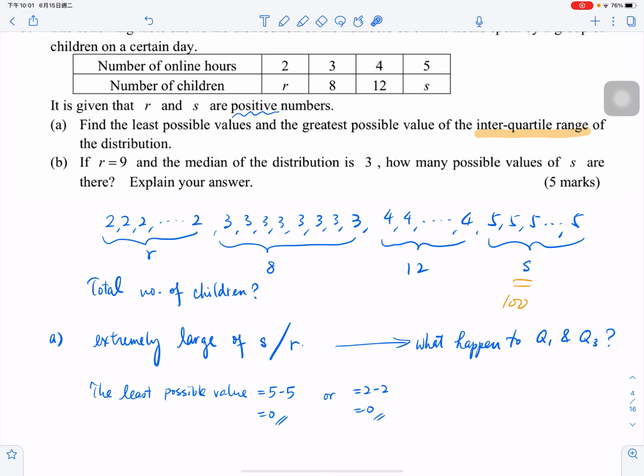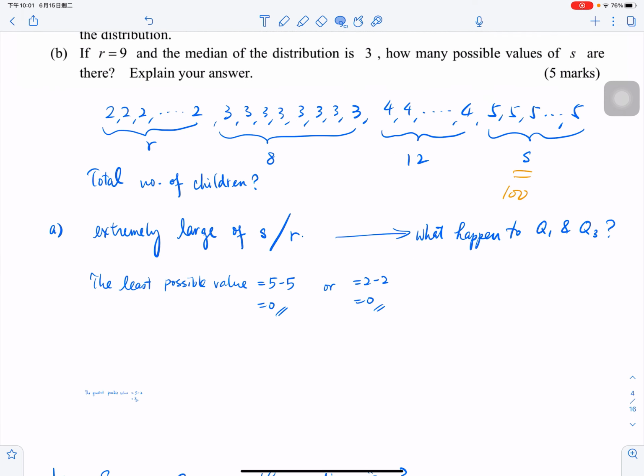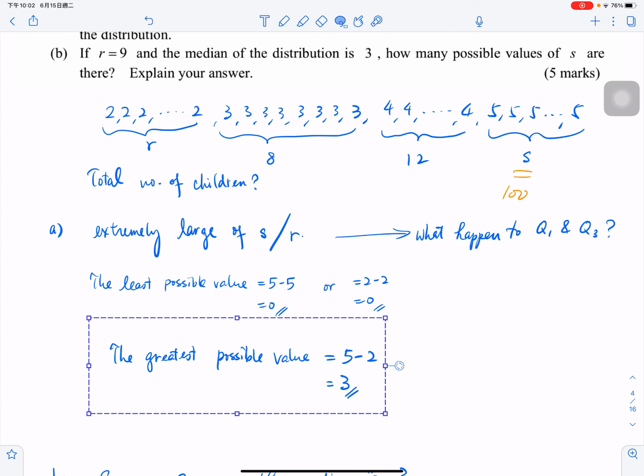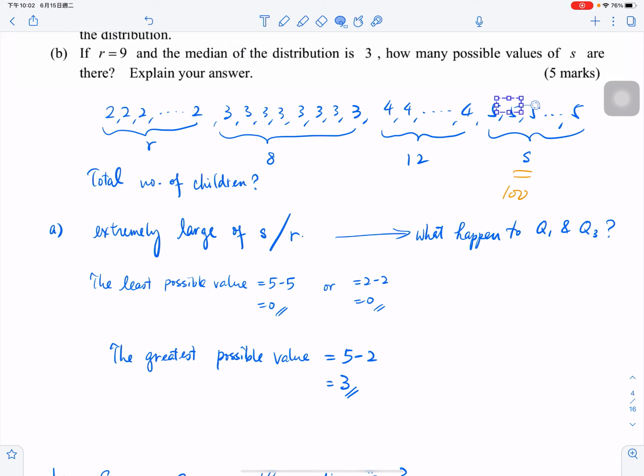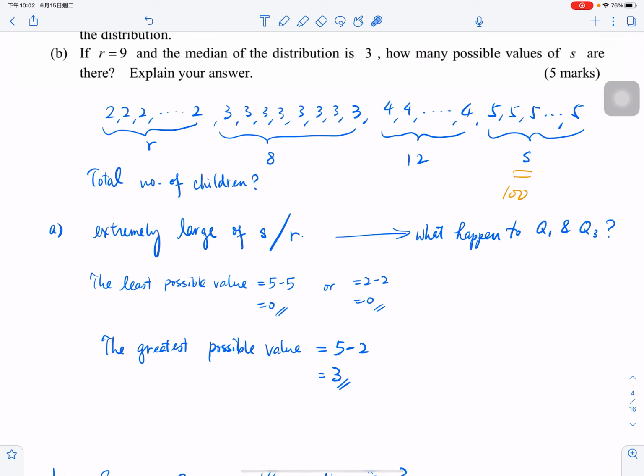If Q1 and Q3 lie here, then the greatest possible value is 5 minus 2. Q3 lies here, Q1 here, so 5 minus 2. So the greatest possible value is 3.